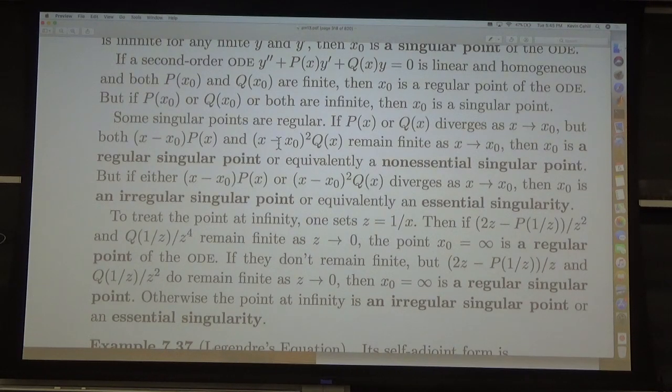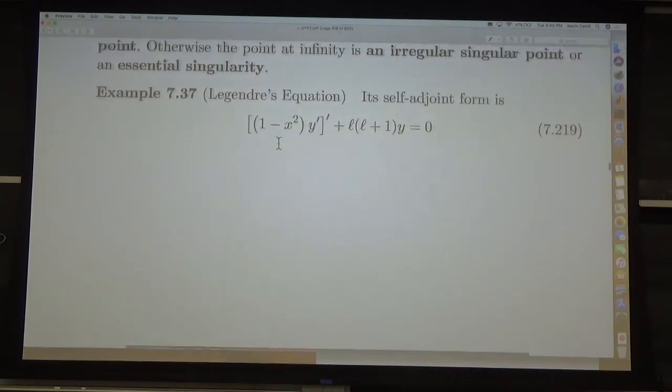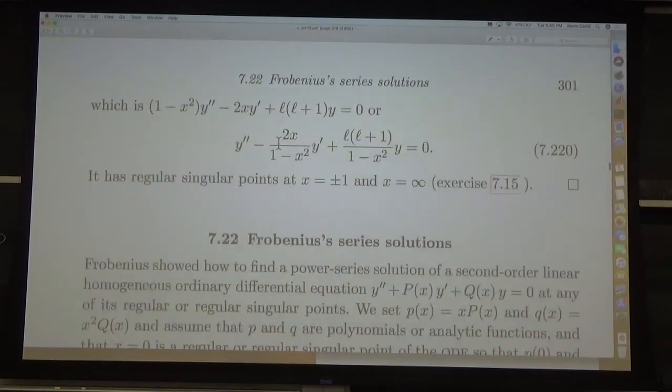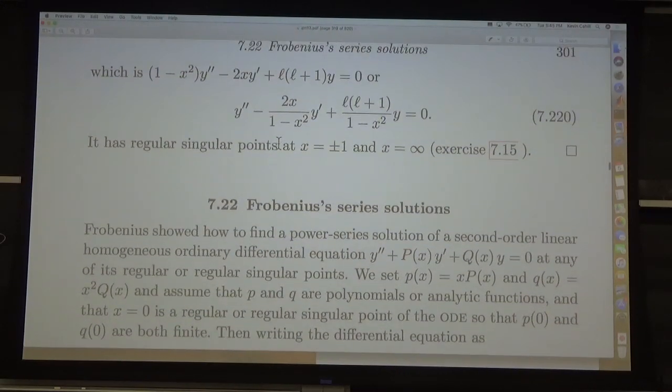So those are the definitions, and Legendre's equation provides an example. If we divide through by 1 minus x squared, then Legendre's equation takes this form, and you see that x equal to plus or minus 1 is a singular point.